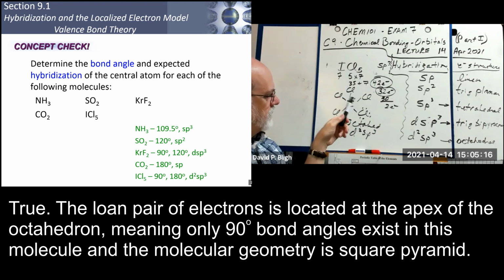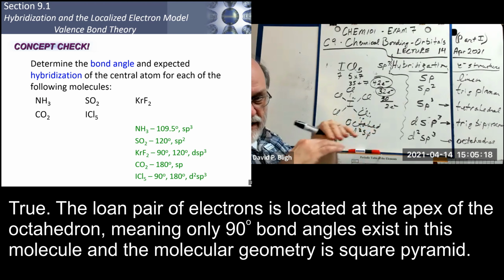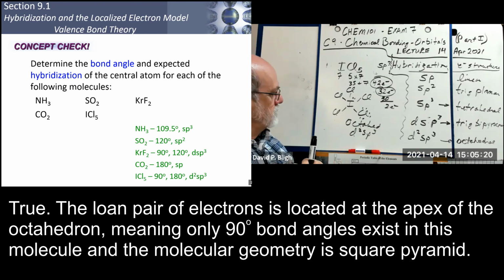So on the square, you have 90 degrees, 180 degrees. Well, you only have 180 degrees if you do it like this.